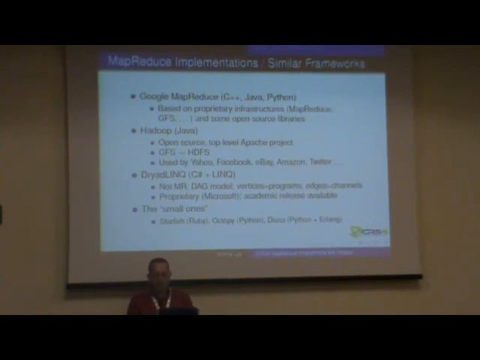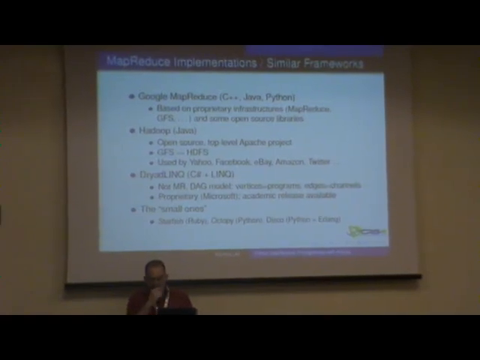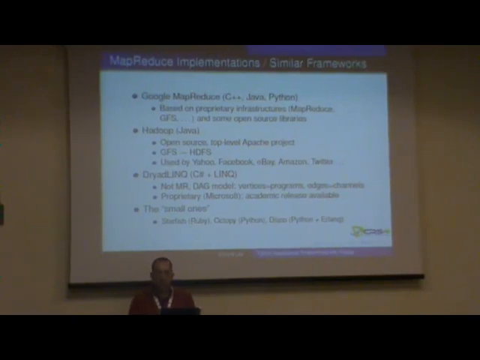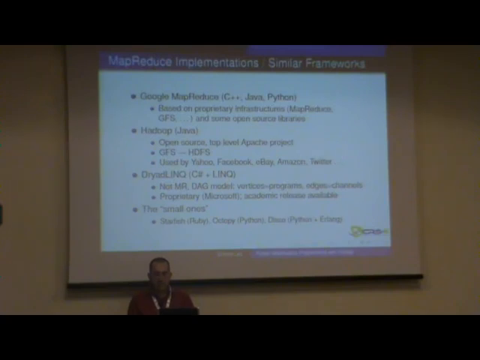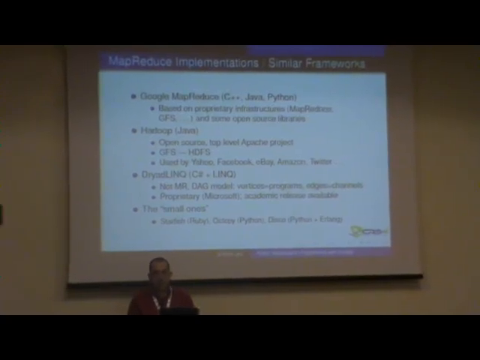but Yahoo is the most important, and it is also the biggest user and the biggest contributor to the code base. Yahoo now runs separate clusters that run Hadoop, but overall there are about 35,000 machines running Hadoop at Yahoo.